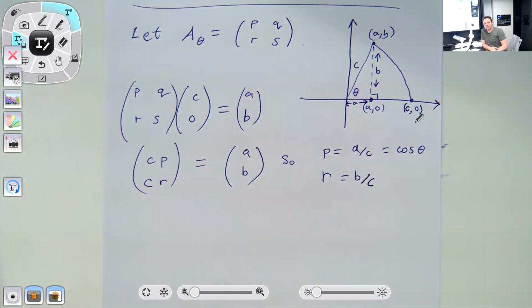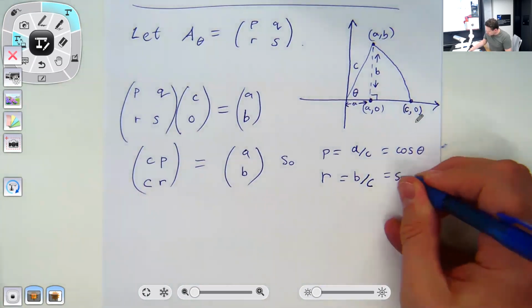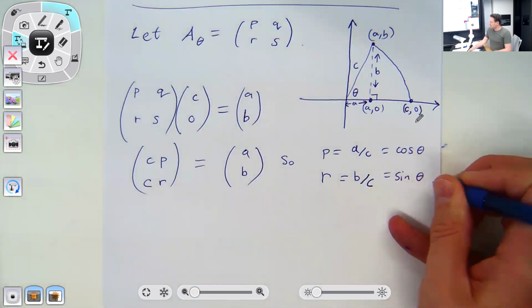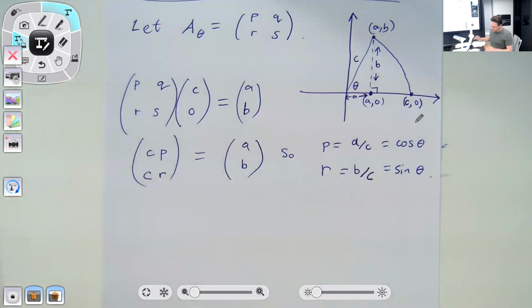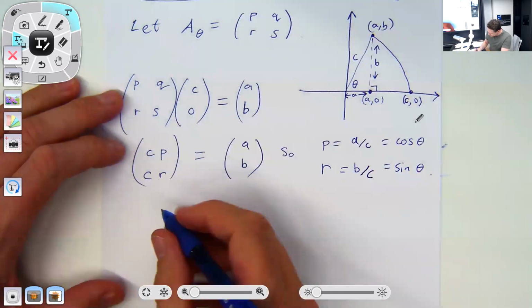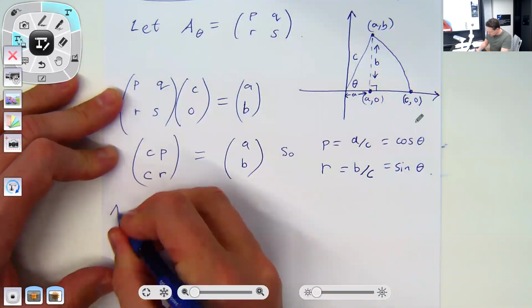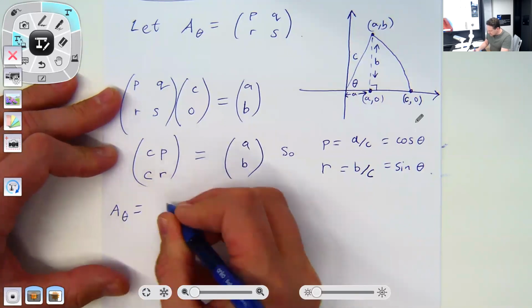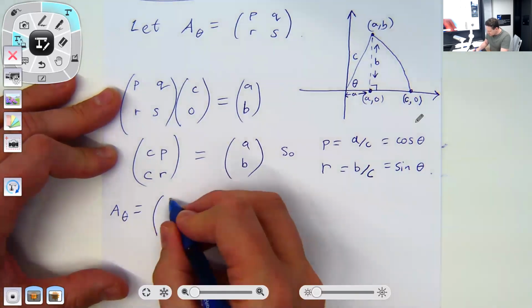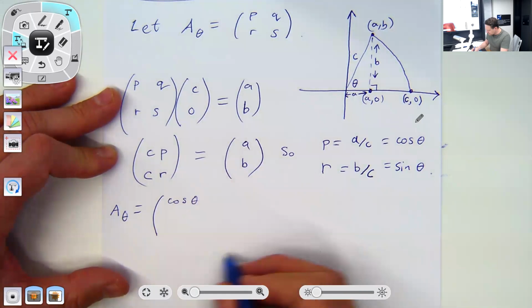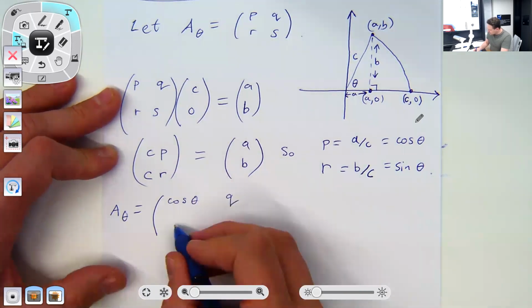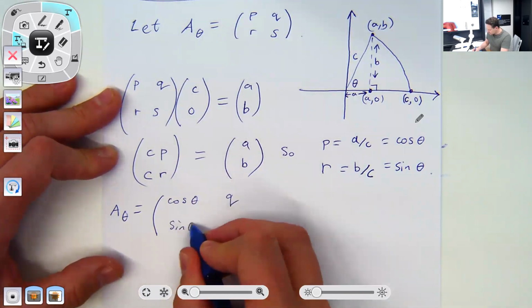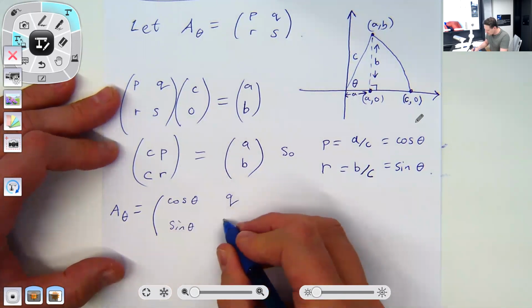And B over C is opposite over hypotenuse, so that's sine of theta. So far I have found two of the entries of the rotation matrix. I'll deduce A theta is cos theta, Q, and then sine theta, S.